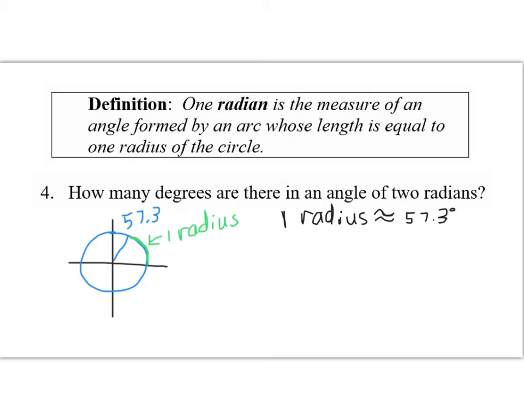So just to get started, if 1 radian is about 57.3 degrees, then how many degrees are there in an angle of 2 radians? See if you can pause the video, figure that out, and then we'll check that answer.